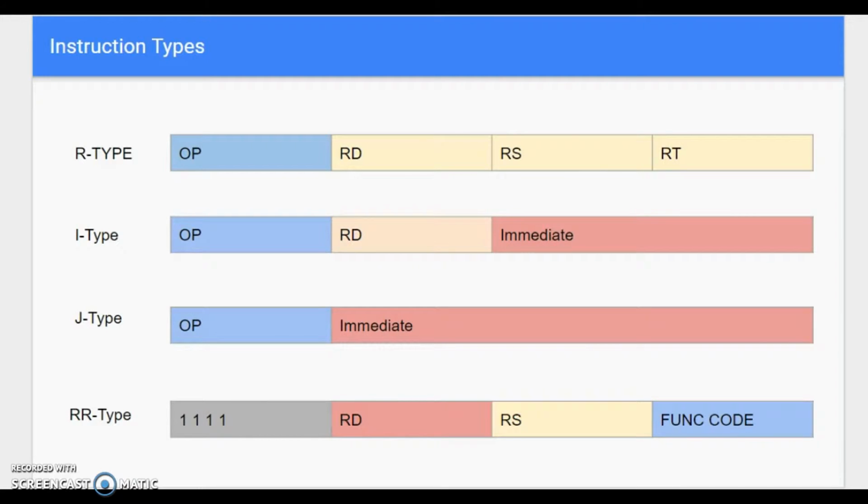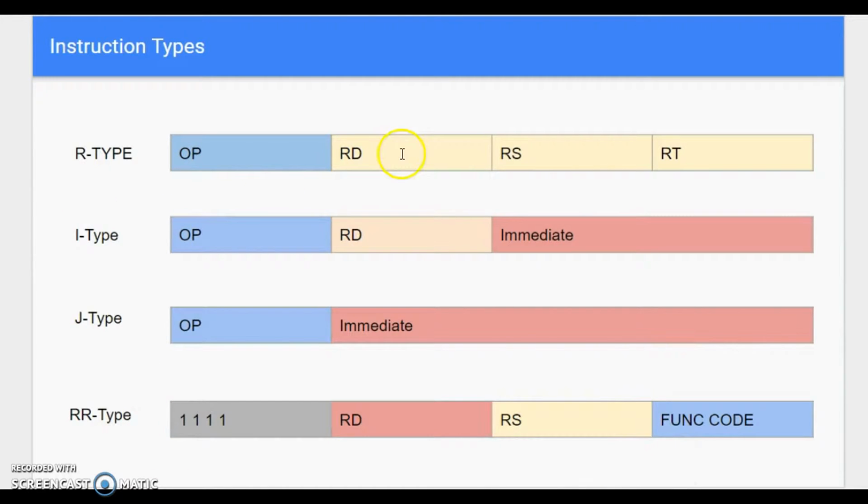Because this is a 16-bit instruction set rather than the 32-bit that MIPS has, it follows a similar scheme. There's the class of R, I, J, and RR types, which I wrote specifically to get more instructions out of 16 bits.